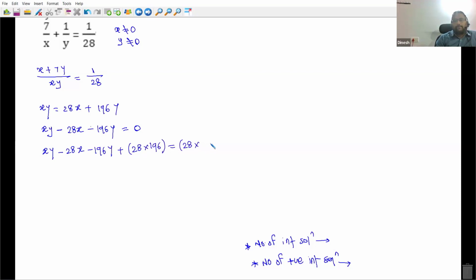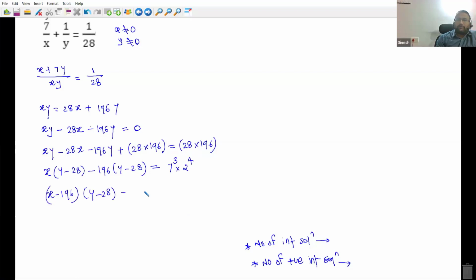You do not need to write the exact multiplication there, at the end you just have to factorize it. So x minus 196 into y minus 28 is equal to 7 cube into 2 to the power 4.